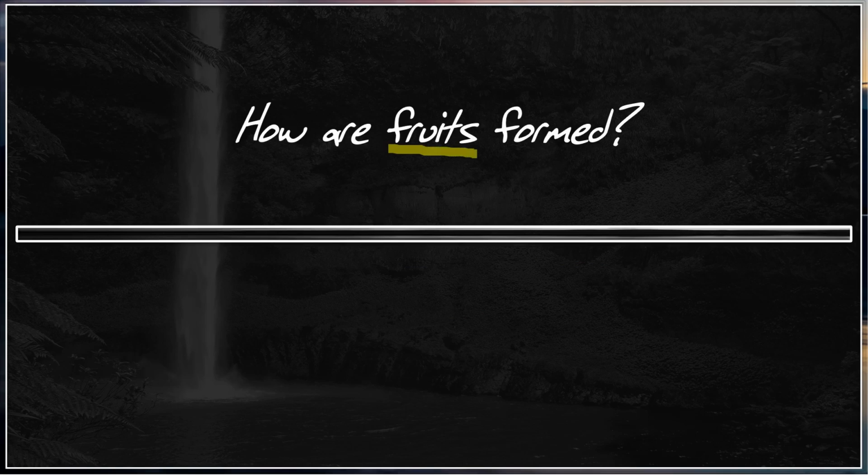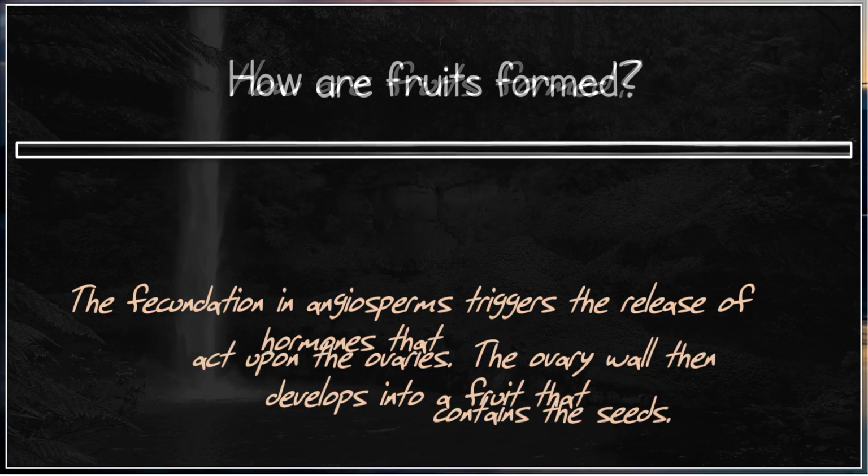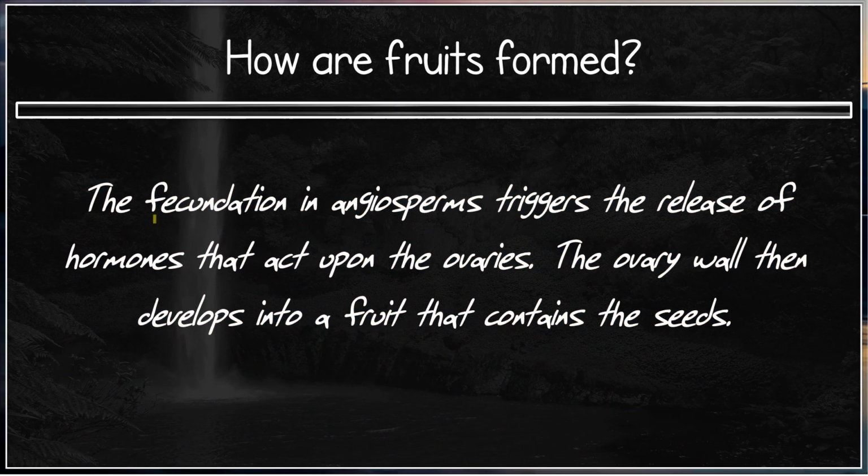How are fruits formed? Fecundation in angiosperms triggers the release of hormones that act upon the ovaries. The ovary wall then develops into a fruit that contains the seeds.